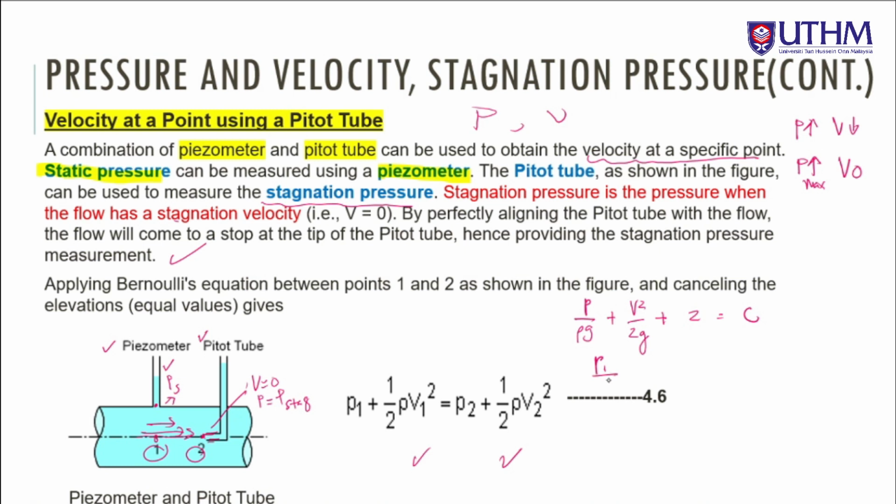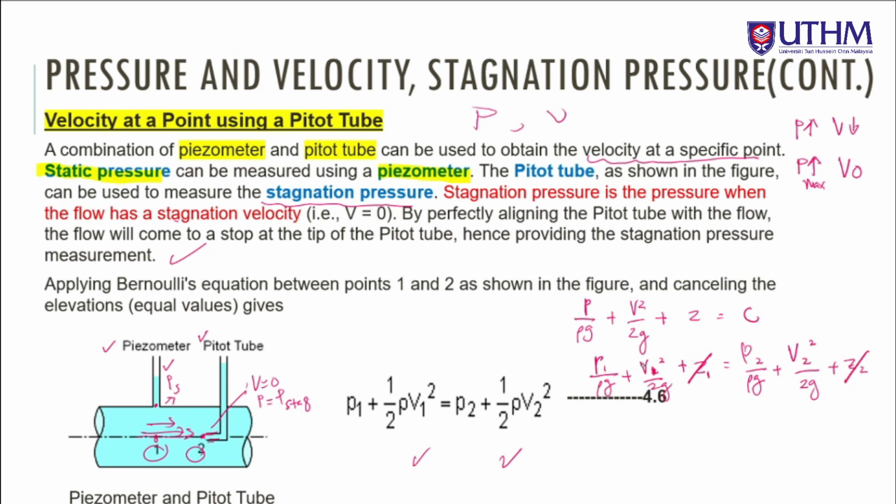So P1 over rho G plus V1 squared over 2G plus Z1 equals to P2 over rho G plus V2 squared over 2G plus Z2. Okay, but since there are no elevation differences kan. Point 1 and point 2 ni ketinggian dia sama, betul tak? They are on the same elevation. So since they are equal, we can cancel it out.